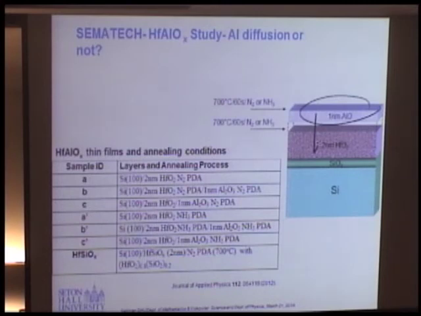We gave the idea in New York, but I asked them, okay, let's do a test, all right? Just give me different depositions with different annealing techniques, and then we're going to look at the crystal structure. I'll tell you which one is stopping the diffusion, which one is not. And the process turned out to be, the idea is, you put the silicon dioxide, hafnium dioxide, but do not immediately put the aluminum oxide.